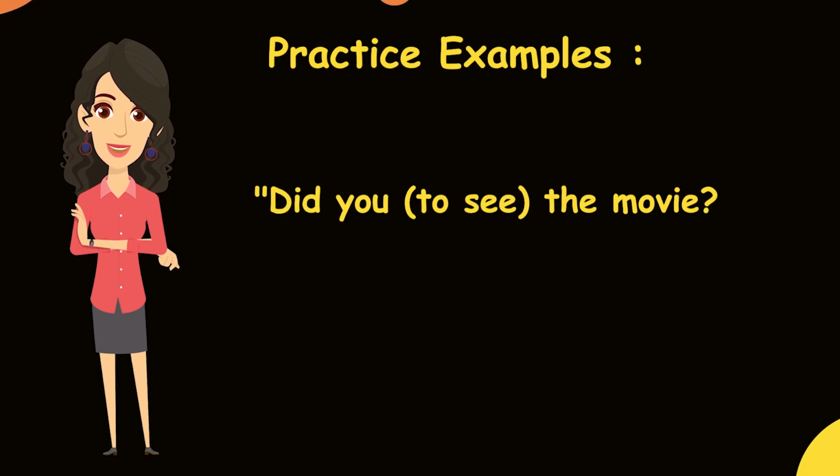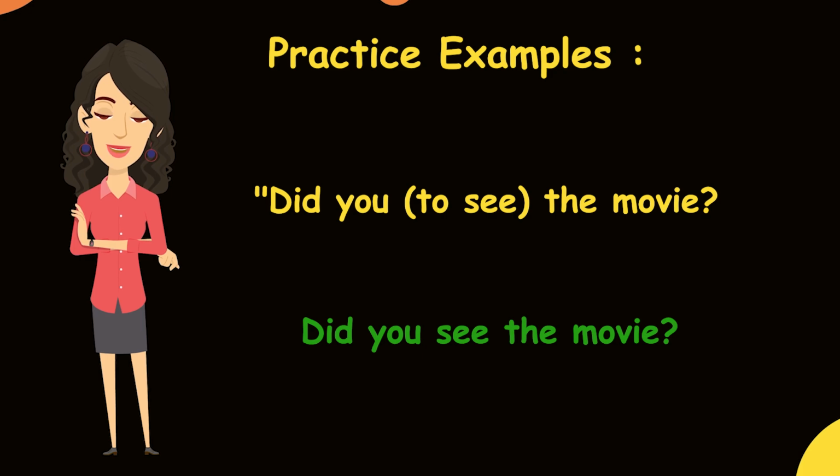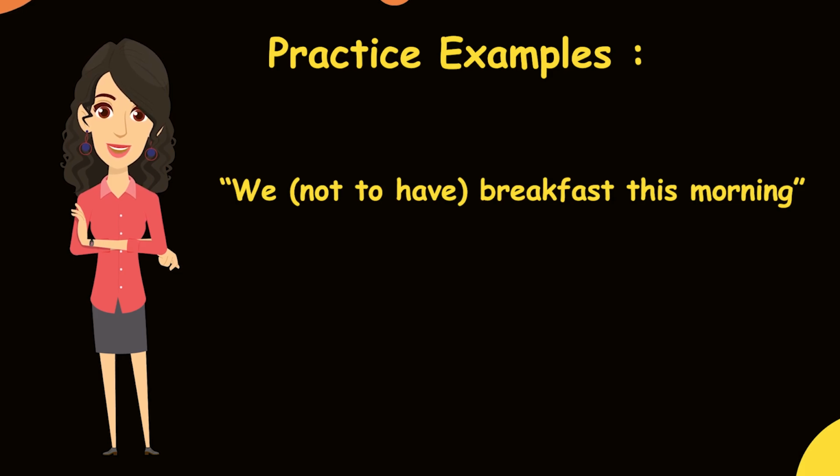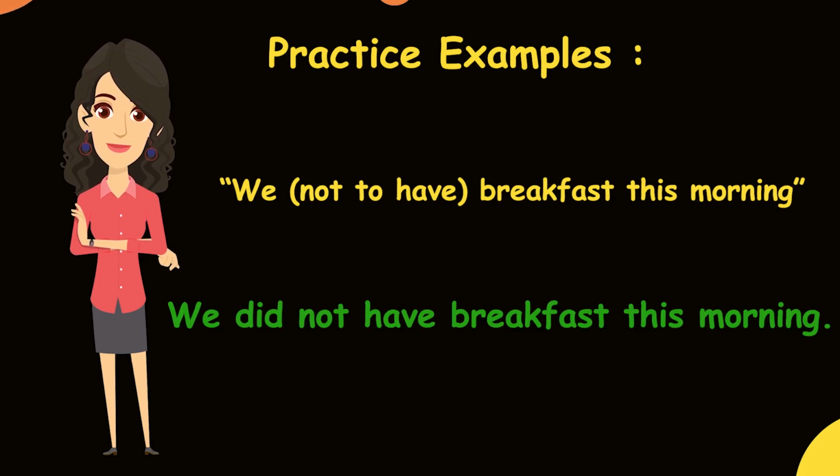Did you to see the movie? Good answer. The answer is, did you see the movie? One more. We not to have breakfast this morning. Great. You are a good student. The answer is, we did not have breakfast this morning.